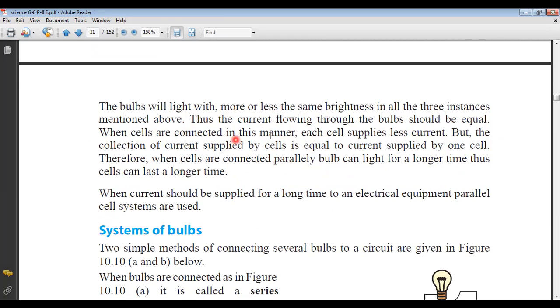When cells are connected in this manner, each cell supplies less current, but the total current supplied by the cells is equal to the current supplied by one cell.